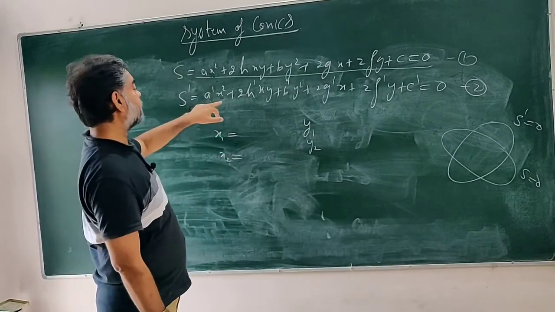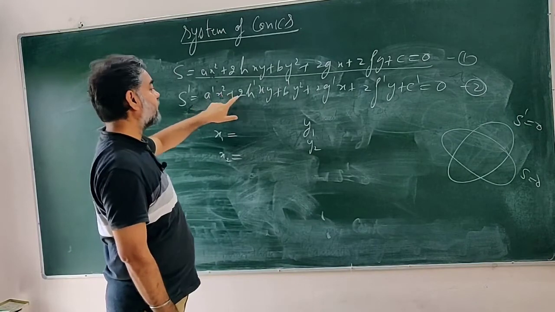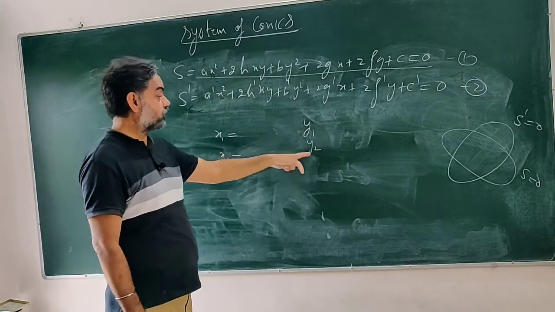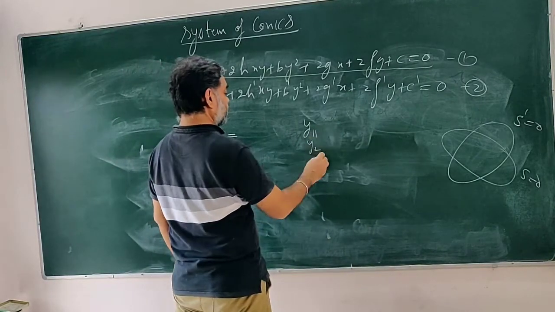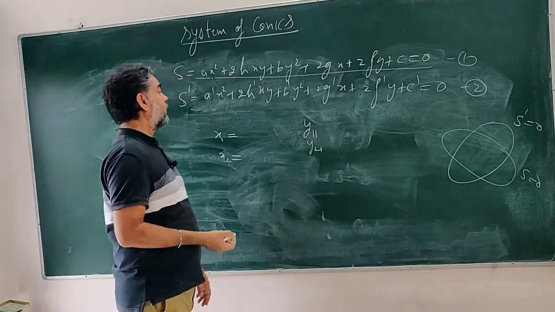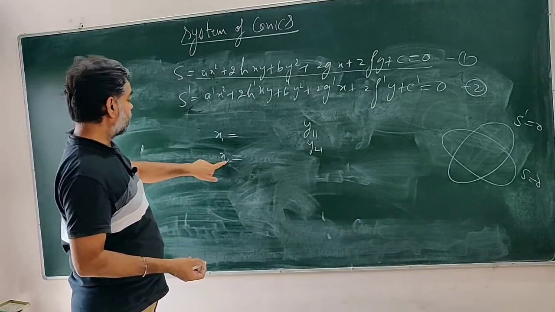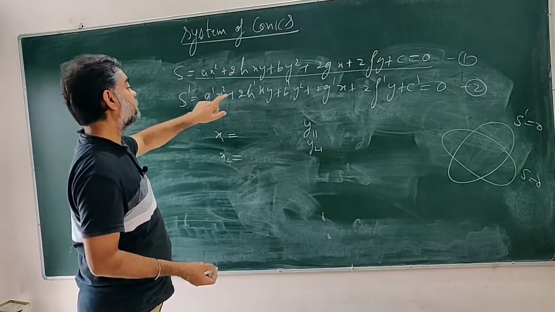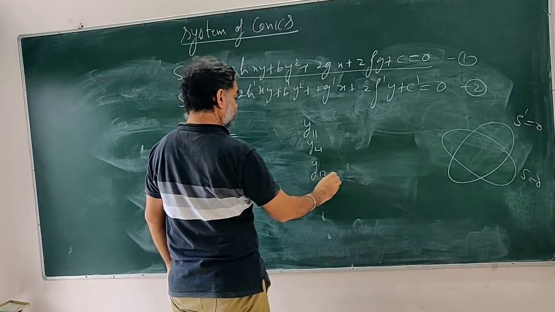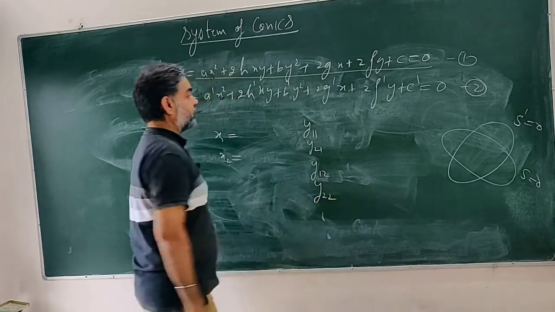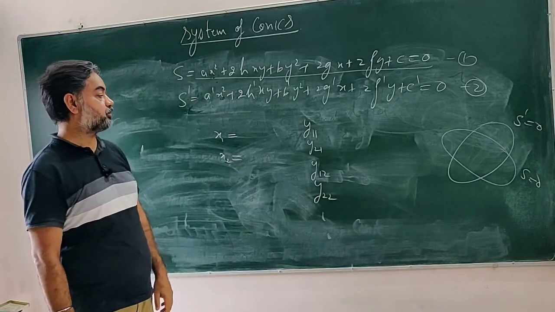So if you put the value of x1 in terms of y here, you get a quadratic equation which gives you two values of y, y1 and y2, and putting the value of x equal to x2 here in terms of y, you again get a quadratic equation in y, giving two values of y.